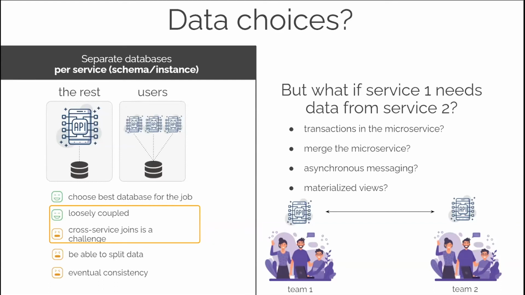You could have transactions in the microservice. You could merge a microservice again, but that doesn't make sense in this case because we just split it off. We could have asynchronous messaging, or we could actually have a materialized view. So the second service could have a materialized view on the data from the first service. I would already bar the merge because we split it off. We don't want to merge it again. Then transactions in the microservice, that's a very strange idea.